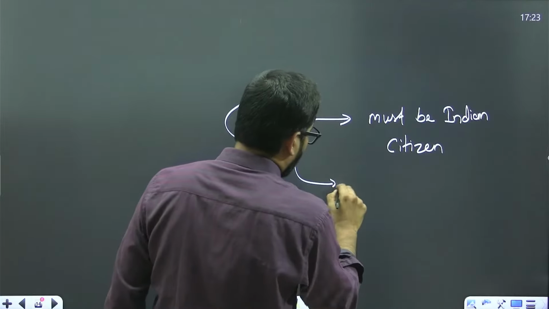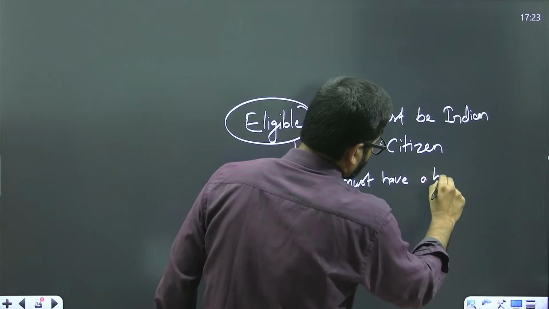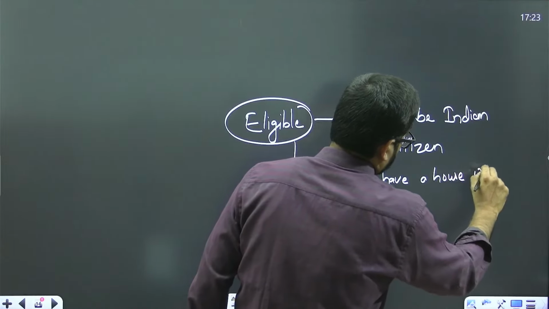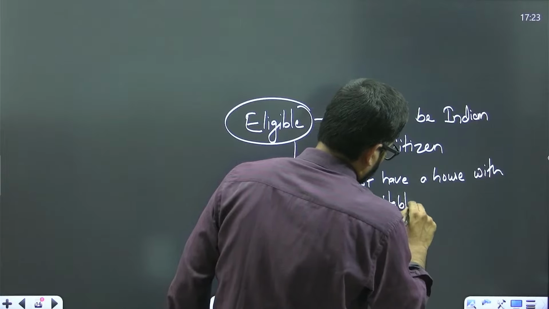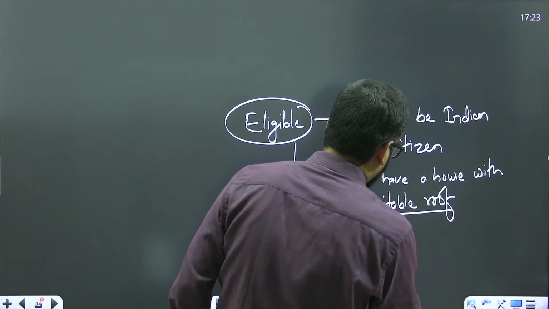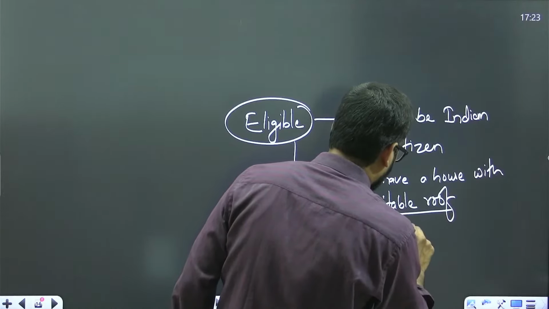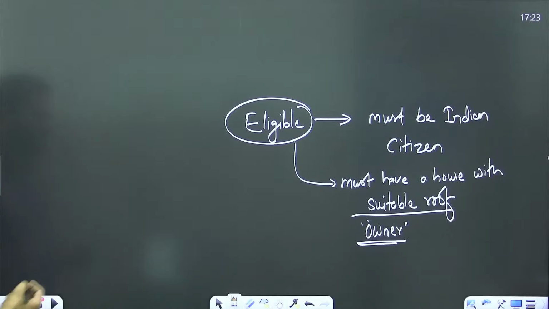Must have a house with a suitable roof. And here it is for the owner only. It is not for the tenant.